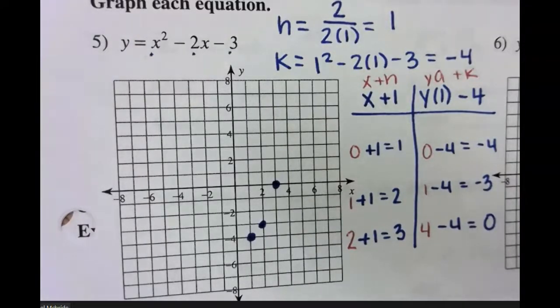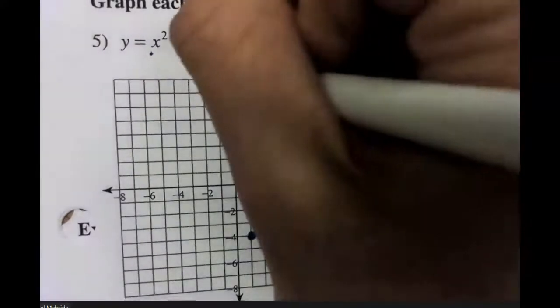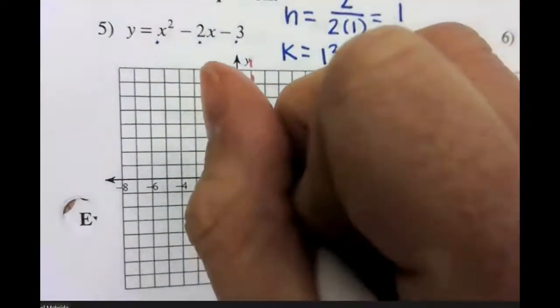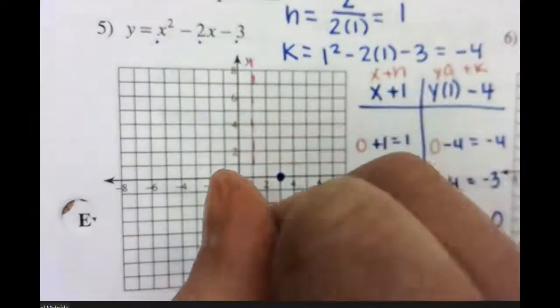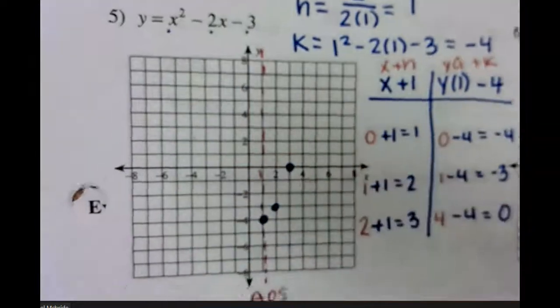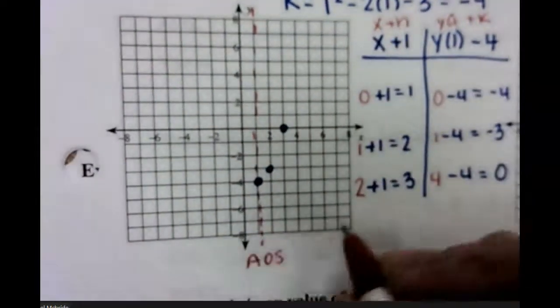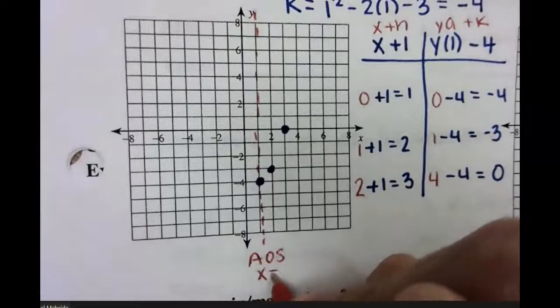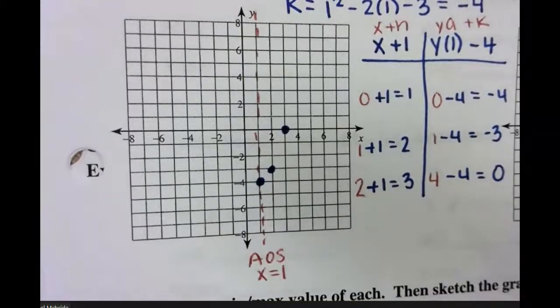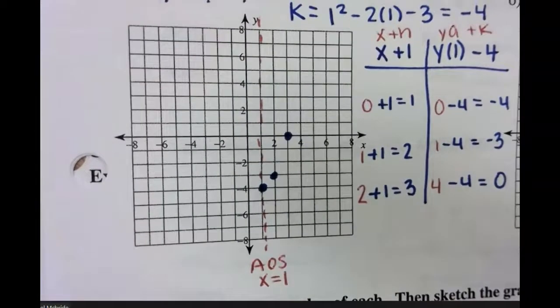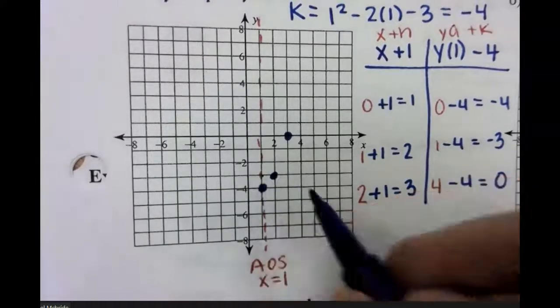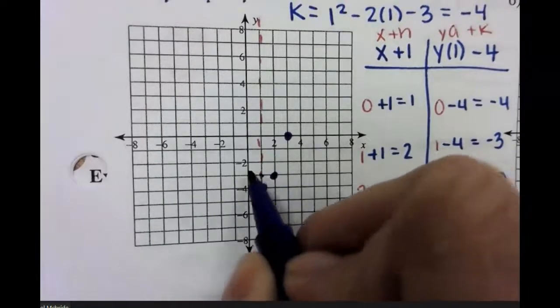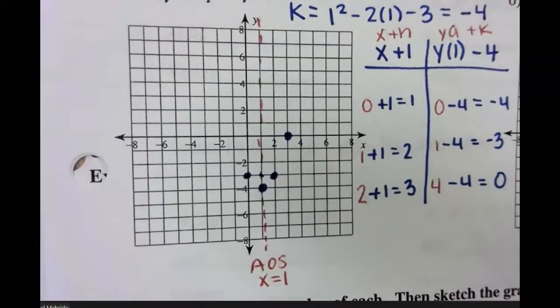And again, we know that these are symmetric about that vertex because this is called our AOS. The axis of symmetry in this case would be x equals 1. So if your point goes up 1, right 1, a point goes up 1, left 1.